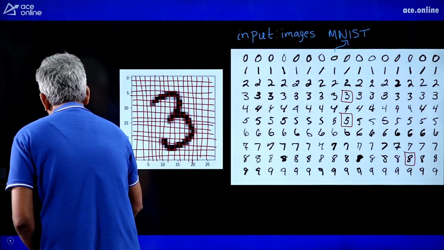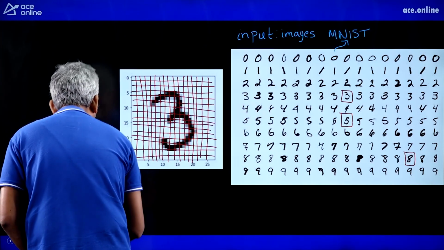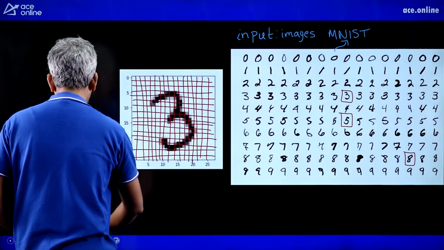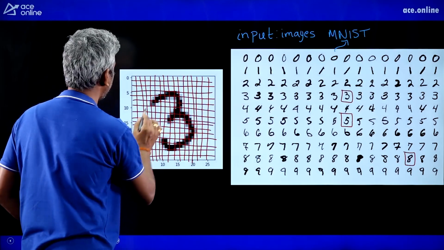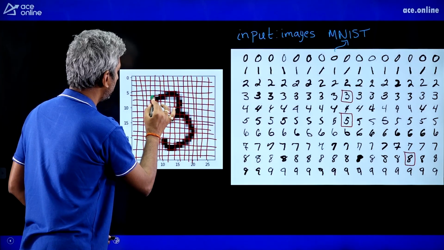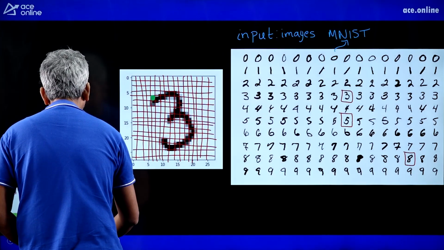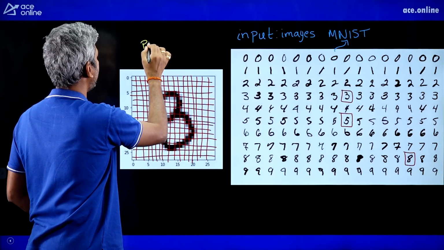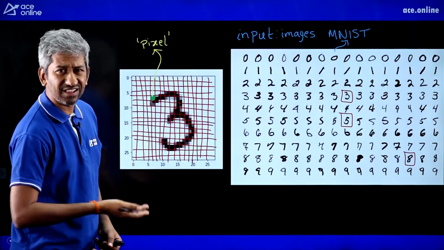And look at the color that is there in each and every cell. Here, we have a specific name for that cell. If I am considering a cell here, the cell that is there here is called a pixel. One cell is called a pixel. How many pixels are there for this image?